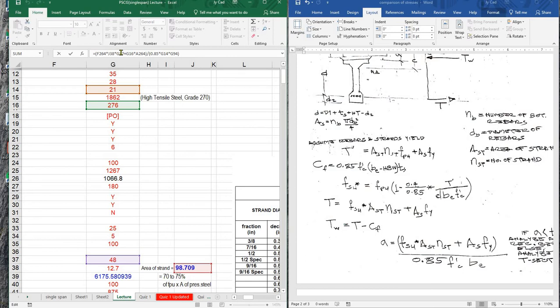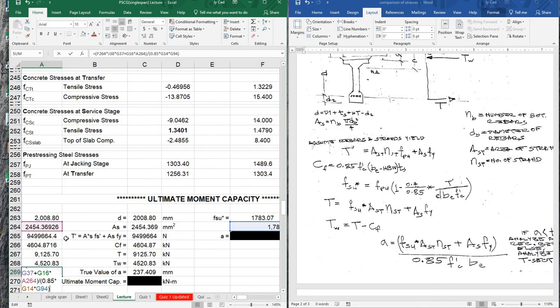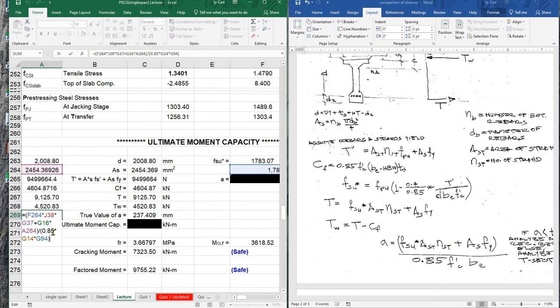And then, plus ASFY. Si FY, 16. Ayan, yan yung G16, okay? FY, tapos A264, si AS. Okay, ito yun. Divided by 0.85 F prime C and BE.